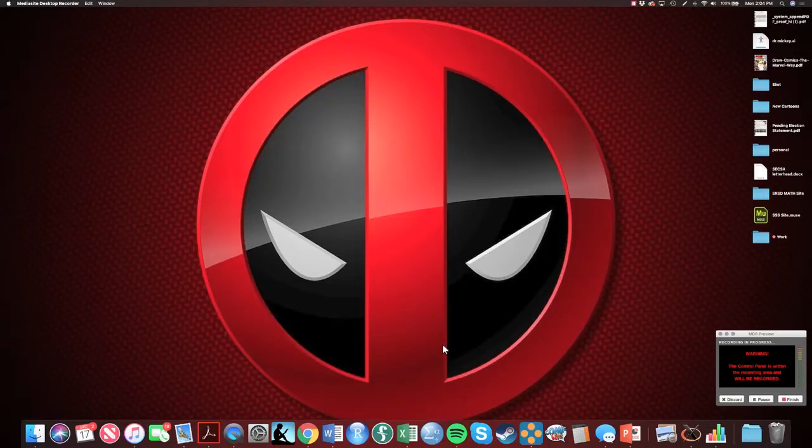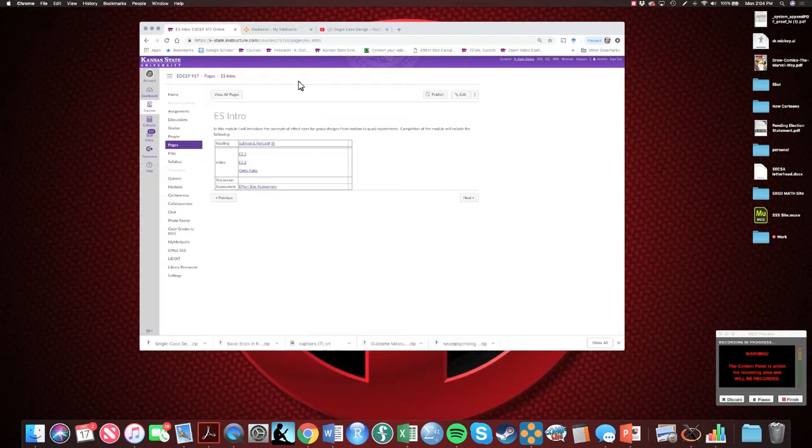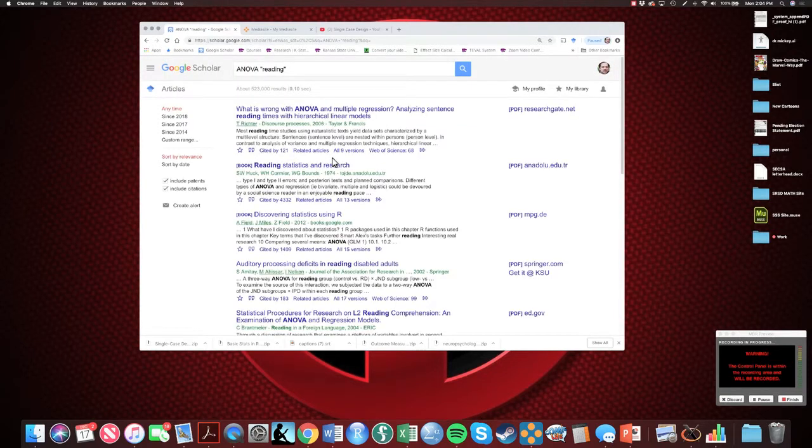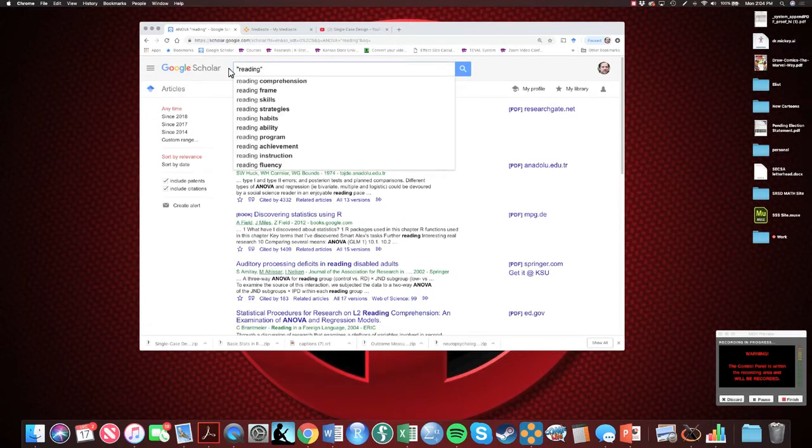All right, so now we're going to talk about calculating an effect size. What we need to do is find an article that will have some sort of an effect size on it. So let's say I want to know about repeated reading.